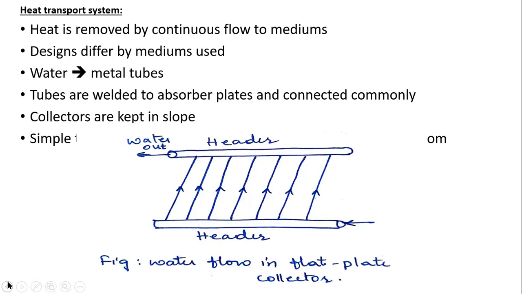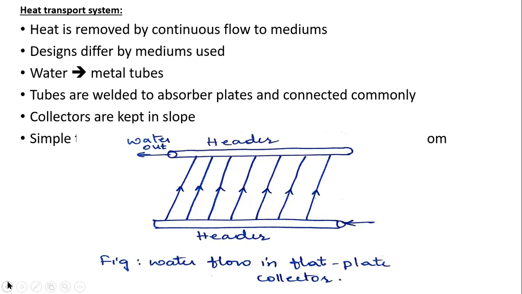If the sun moves from west to east or east to west, the collector has to be moved in the same direction. As a sunflower moves to the orientation of the sun, these collectors should also move to the orientation of the sun for better solar radiation. That's why they are kept in a slope-like model, with some slope, not perpendicular.